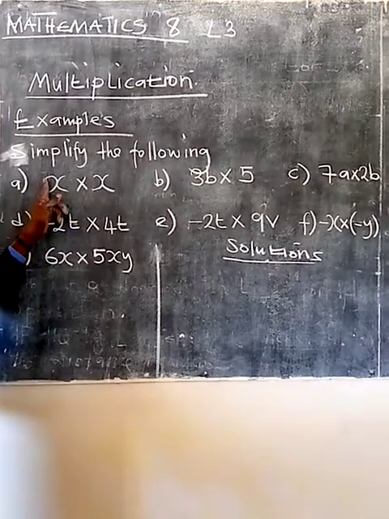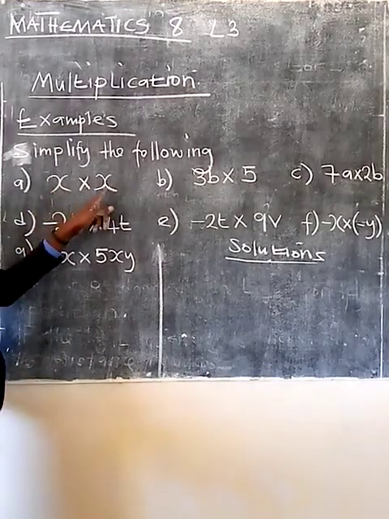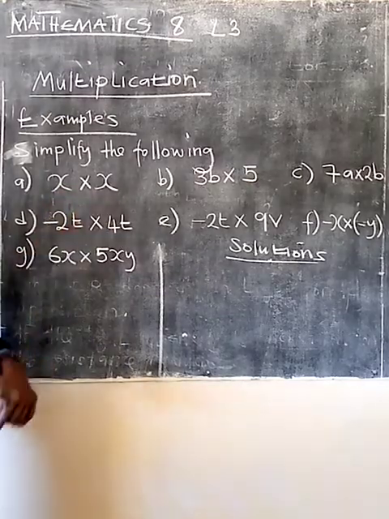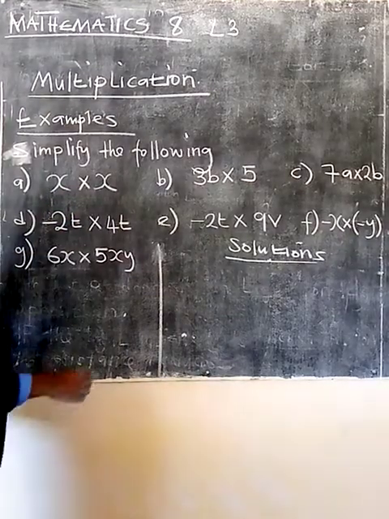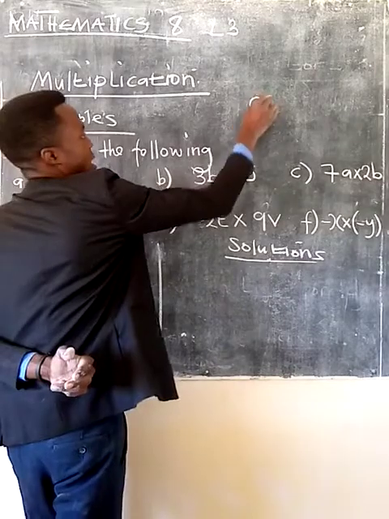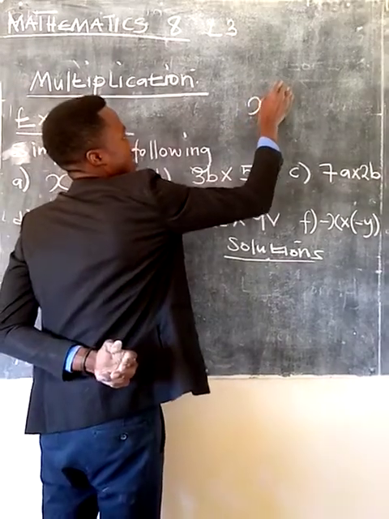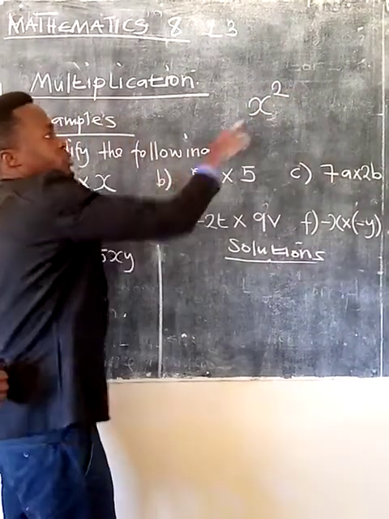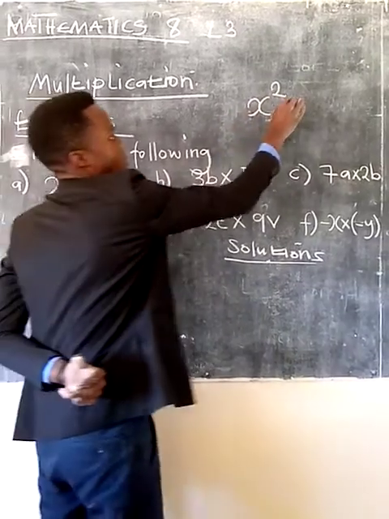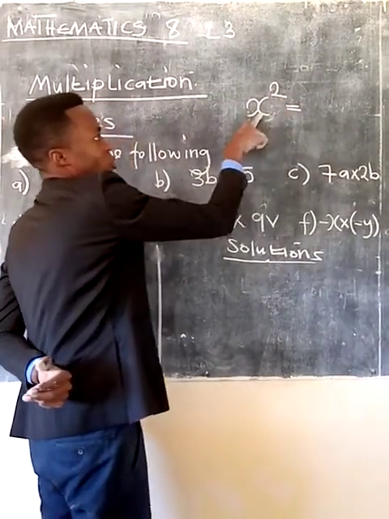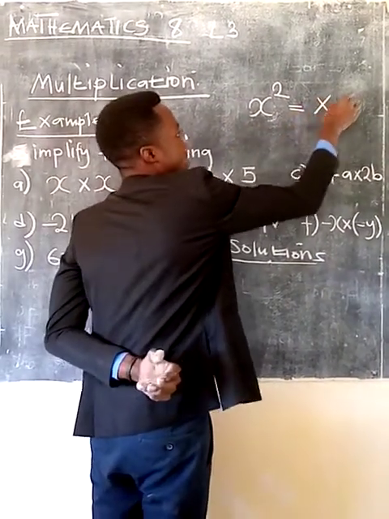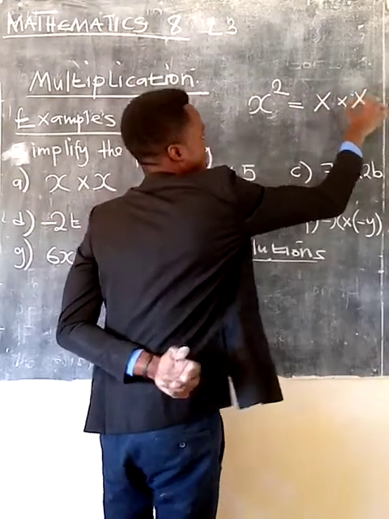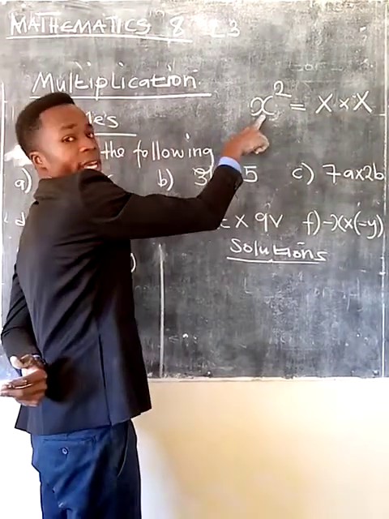So we come to the variables. x times x. What is x times x? Remember, we said that if we have, let me just say, 2 x squared, sorry. So x squared, this is just a short way of saying x times x. So we are simply saying there are 2 x's there.